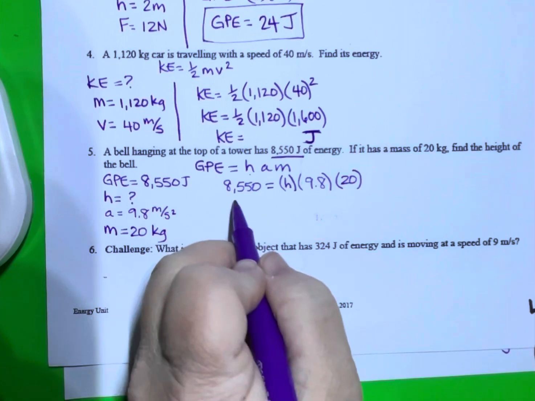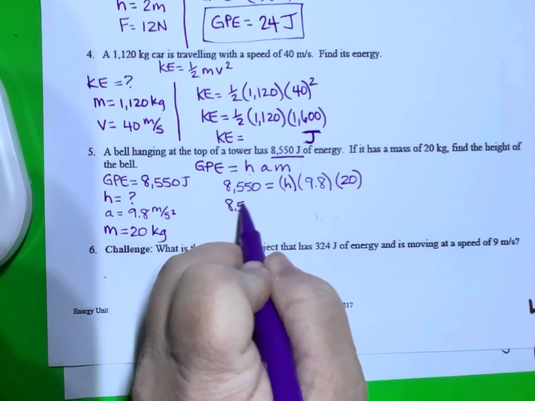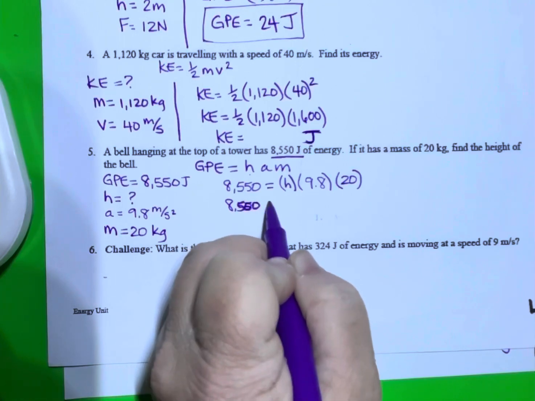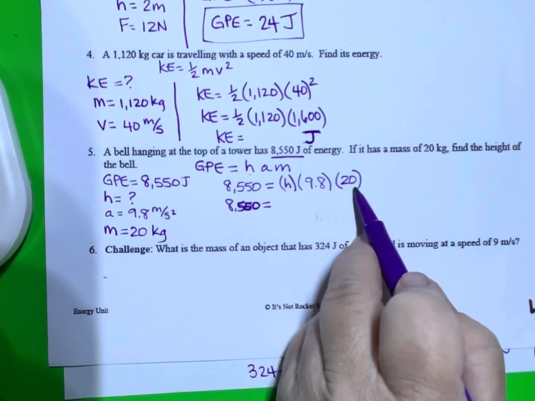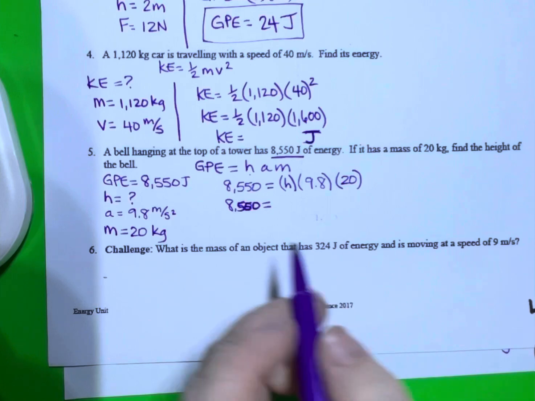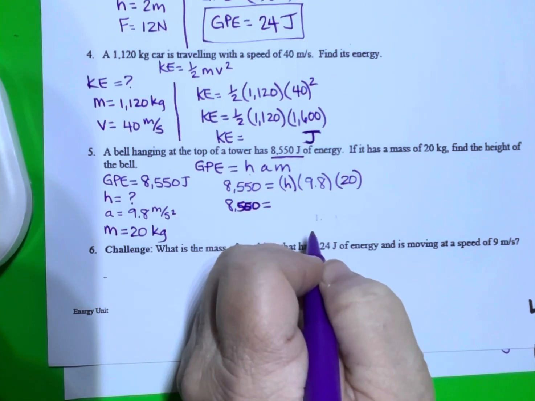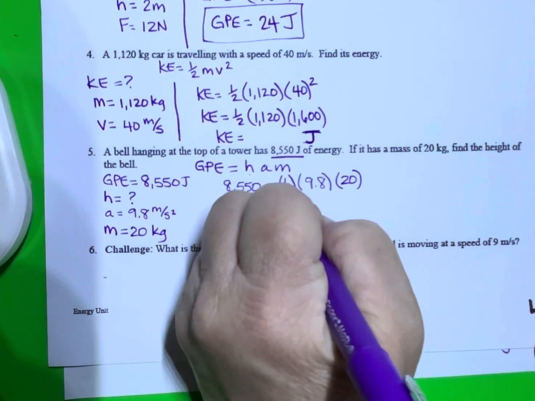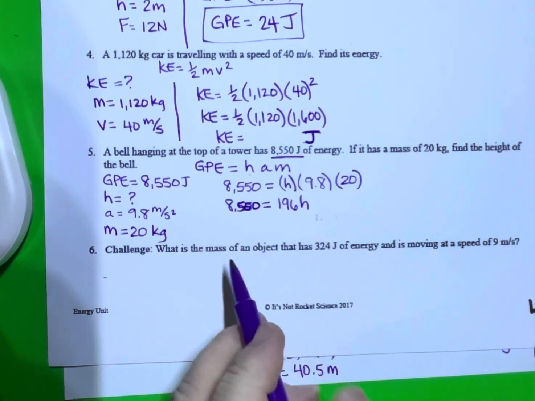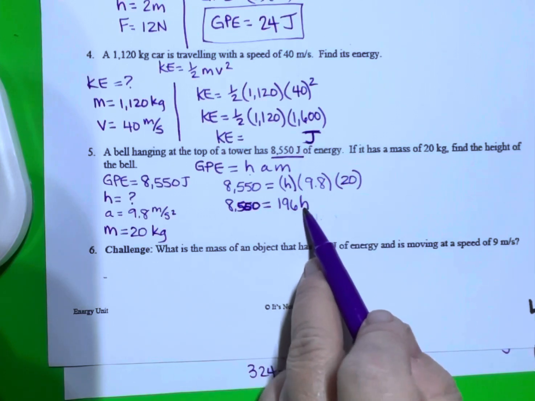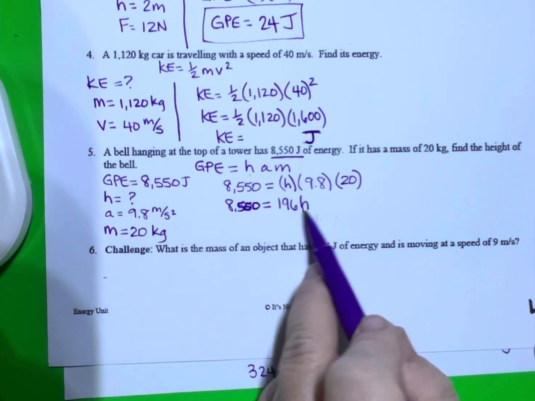Okay, so 8,550 is equal. What is 9.8 times 20? 196. Okay, 196 H. Now right here, I just took 9.8 times 20, and then I just put H next to it.